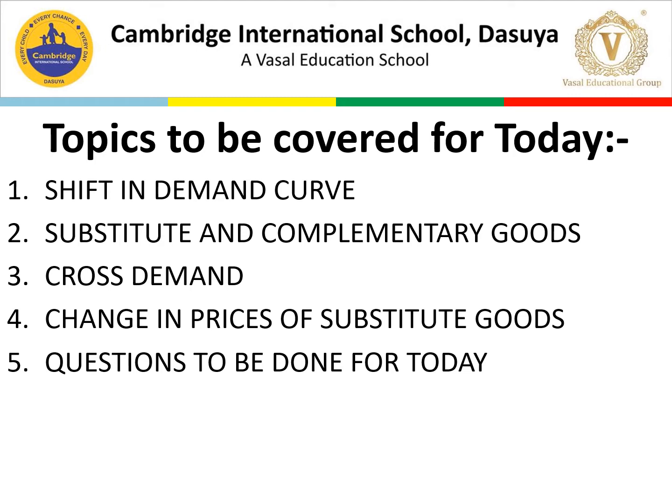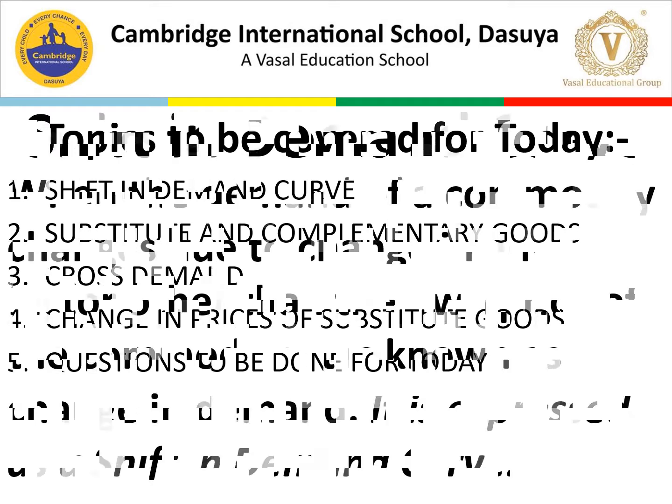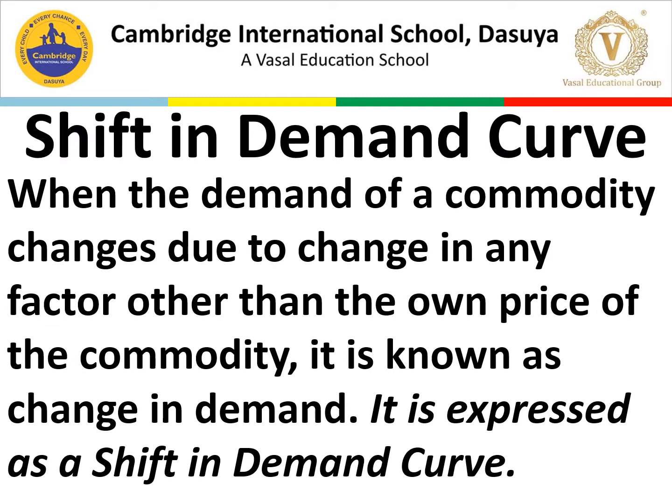But now for today's topics, let me start with shift in demand curve. What are the shifts? As I told you, when the demand of a commodity changes due to change in any factor other than the own price of the commodity, it is known as change in demand. So shift in demand curve is also known as change in demand.